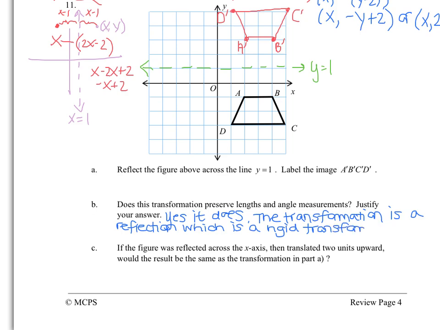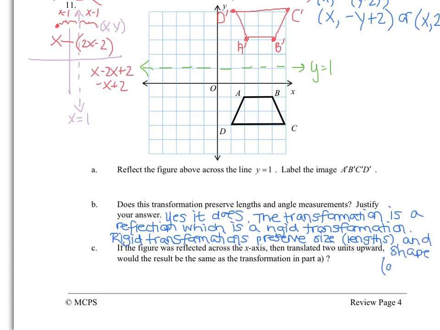We know that rigid transformations preserve size, which would be the length, and shape, which would be the angle measurements.